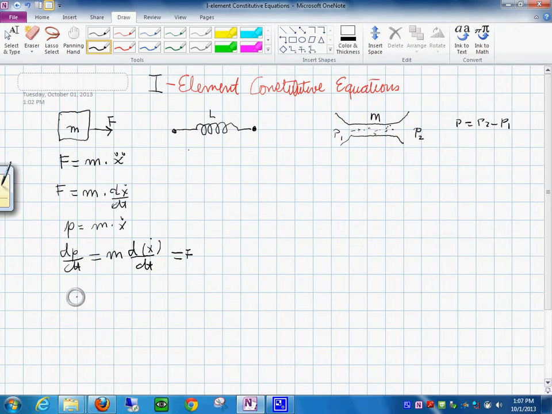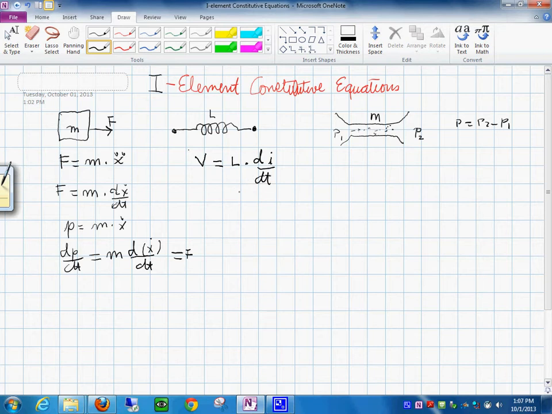Okay? Now, let's just do this, and later on we're going to do the block diagrams of this whole thing. This is saying that the voltage in this case is the inductance times the derivative di dt.